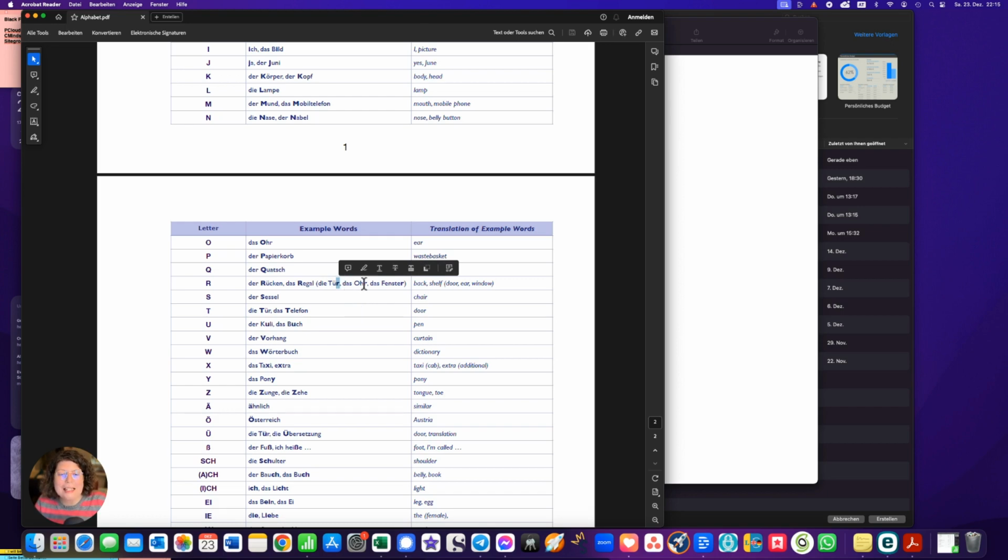Oder das Ohr. That's the ear. And again, here you don't pronounce the R at the end. You write it O-H-R, but you just say the R as a short ah. And the last example that I have here is that an ER at the end is exclusively pronounced like ah. Same thing. Das Fenster. That's the window.